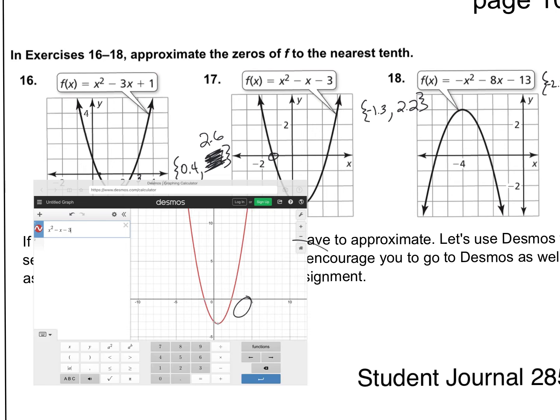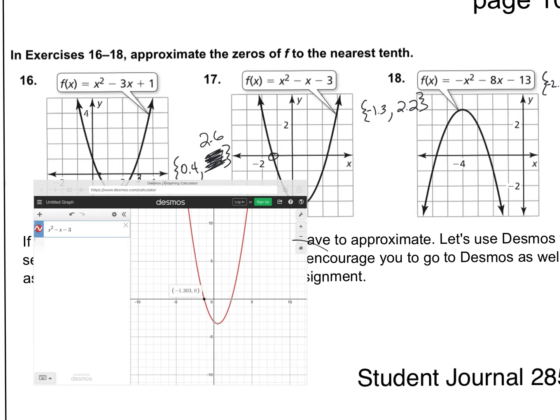You grab an eraser and erase that circle. Okay, so negative 1.3. Hey, I did pretty good. That one's fine. And 2.3. So I'm going to fix that, make that 2.3. But that would have been fine. That would have been a good approximation because I wasn't too far off.